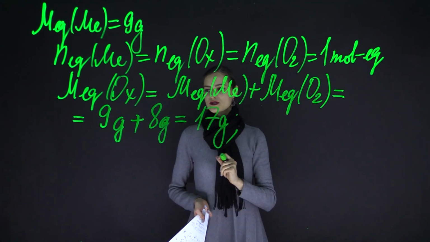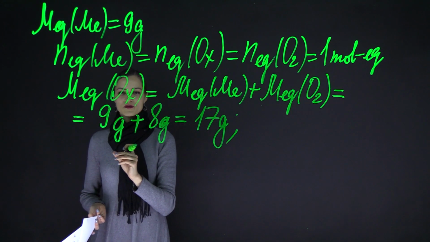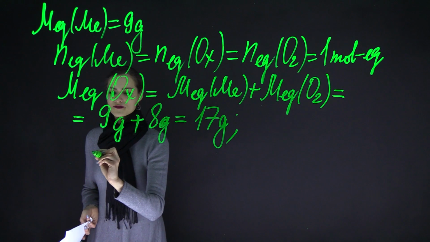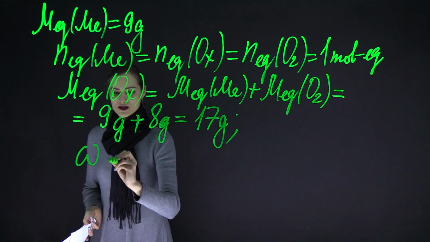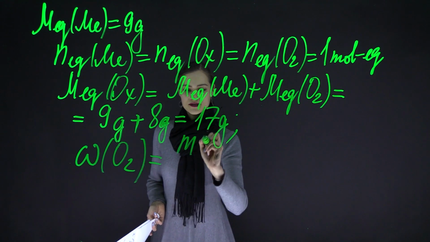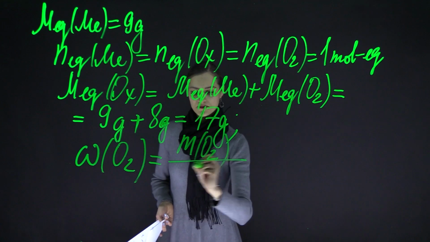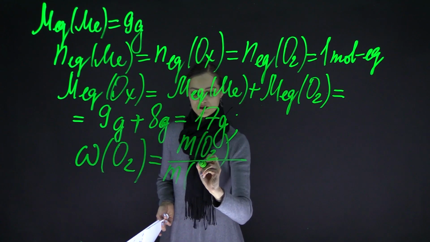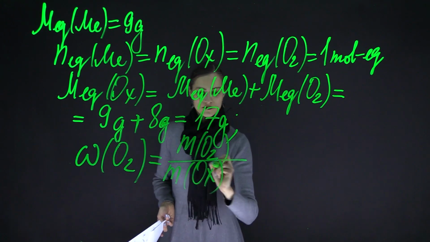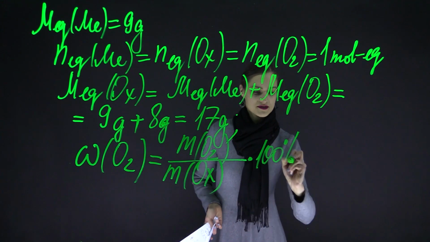To calculate the percentage of this complex substance, we need to remind ourselves what mass fraction means. Mass fraction is the mass of this element in the mass of the whole oxide, multiplied by 100%.